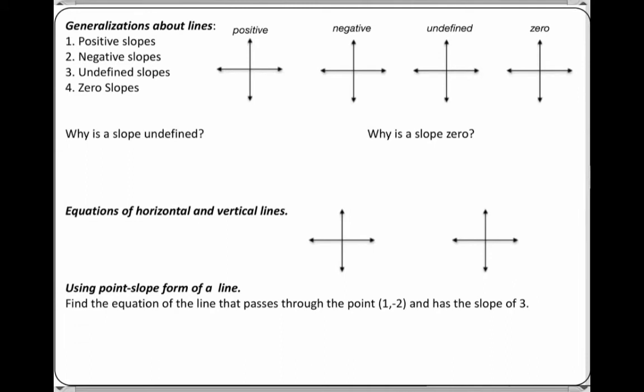Okay, so here are some generalizations about slope, and we're going to go ahead and draw some arbitrary lines through these guys. I shouldn't say arbitrary, but it's going to model what a positive slope, a negative slope, and the whole deal is. Now, the first thing about slope is that you want to read it from left to right. So say, for example, I'm going to do a positive slope here.